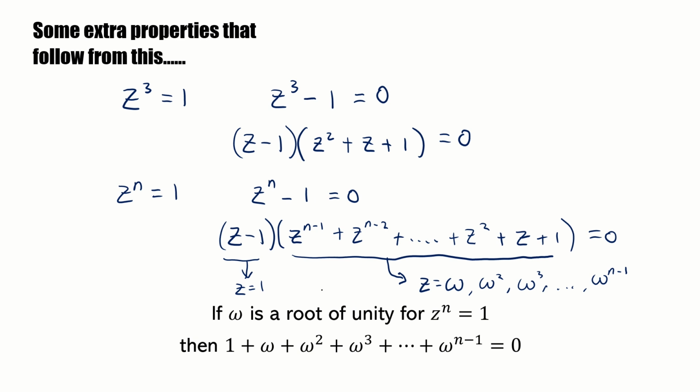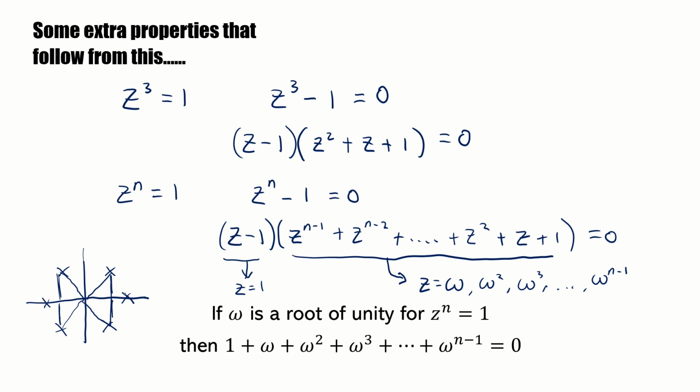Cool. There is another way you can look at this property though, and that comes from looking at it geometrically. If you look at all the roots of unity for a particular situation, and where they're placed on an Argand diagram, the way they're spaced means that if you were to add all the roots of unity together, viewing them a bit like vectors, all the imaginary components of each root will always cancel out with another one of the roots, because of the even spacing of where the roots are.